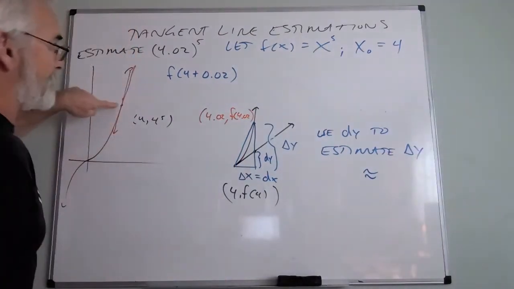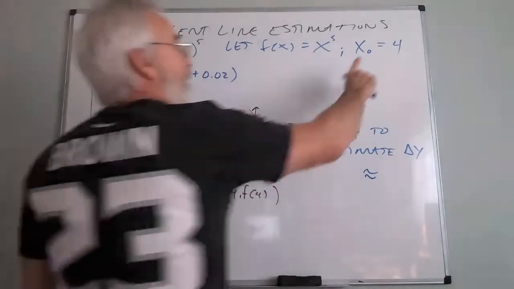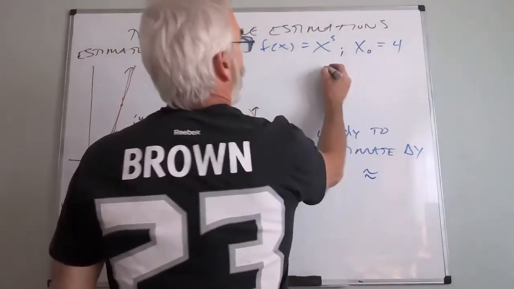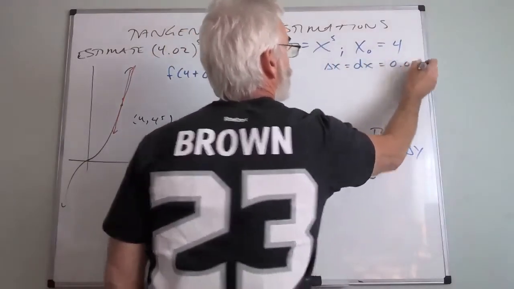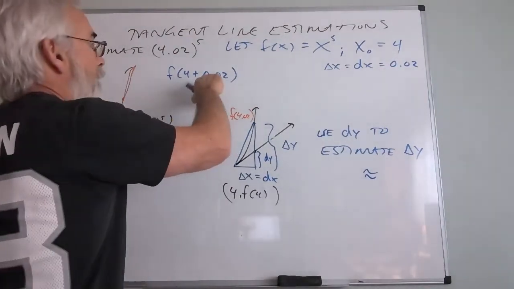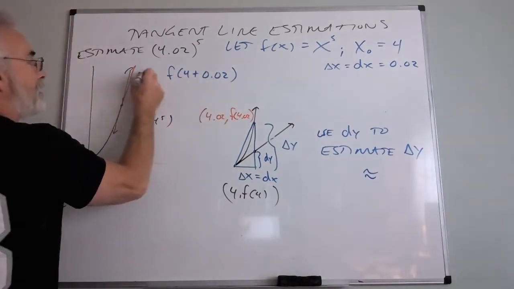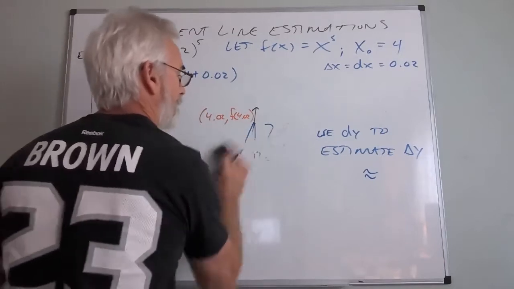That's the place where I started here. I want to estimate this. So this is our starting point. What is our delta x or dx in this case? Well, it would be 0.02. That's how much I moved from 4 to get to 4.02. So this is the part that I want to estimate. I'm going to put EST. Estimate this. And the way we're going to estimate it, I'm going to erase this now.